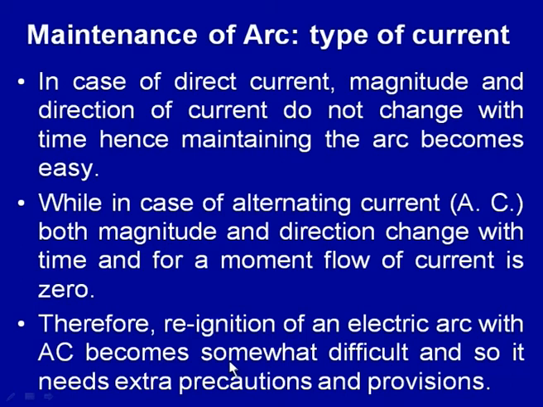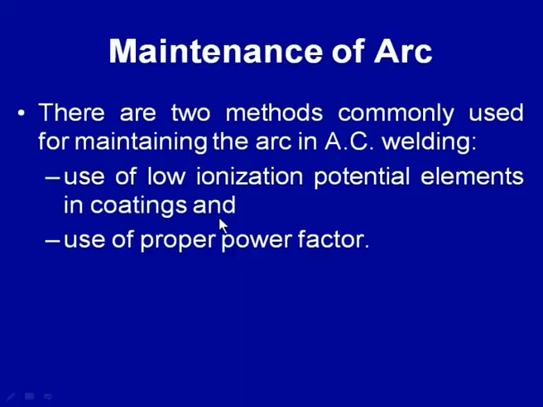Therefore, reignition of the electric arc with AC becomes somewhat difficult, and it needs extra precautions and provisions. For this purpose special methods are used, and these two methods are basically the use of low ionization potential elements in the coating and the use of the power factor.